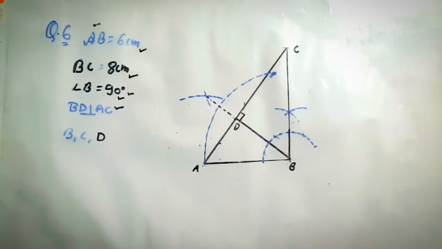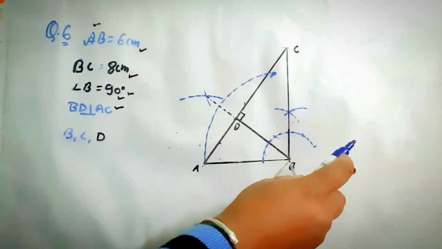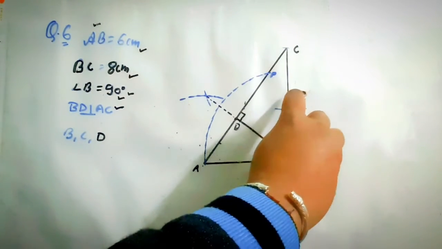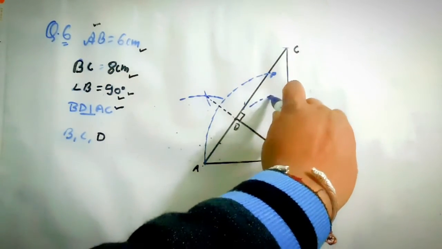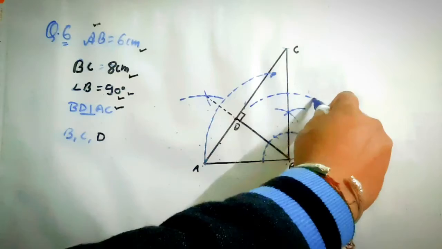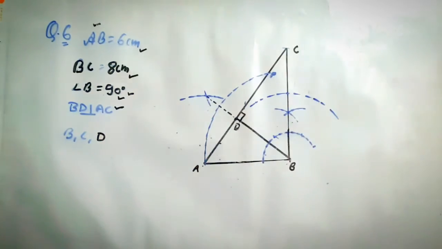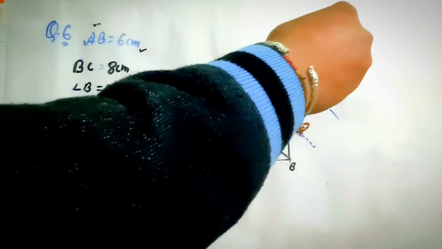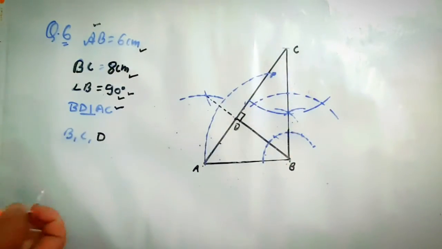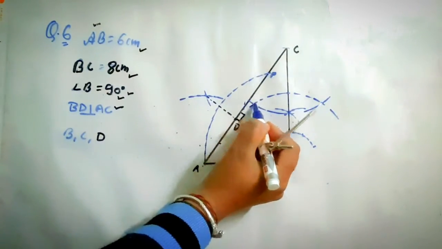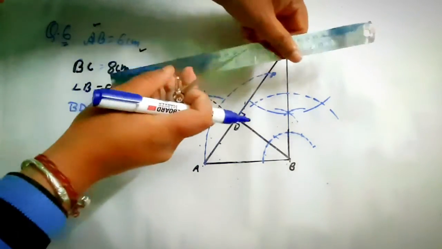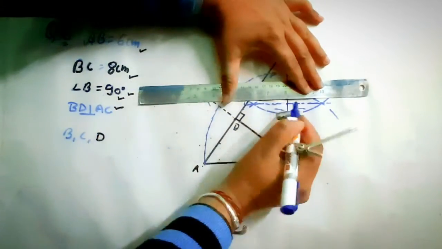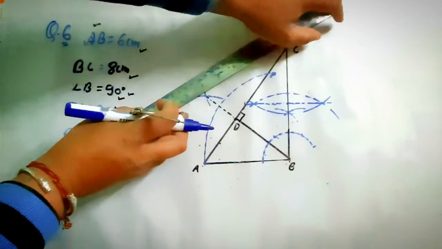To find the midpoint, first of all, place your compass on B, open more than half and draw an arc. Now place it on C, intersecting at 2 points. Join these 2 points and you will find the midpoint of BC, and this point is the midpoint of BC.